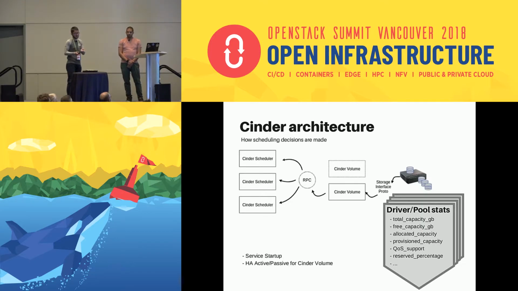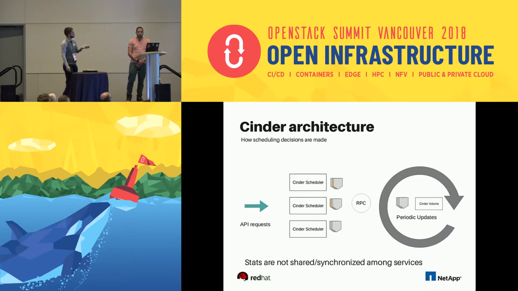And this information goes from the storage device to the volume and all the way through to the scheduler by RPC requests, RPC calls. So this information is updated on several occasions. The first one is at service startup.